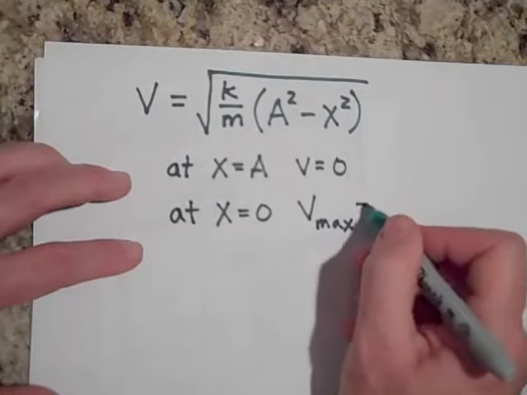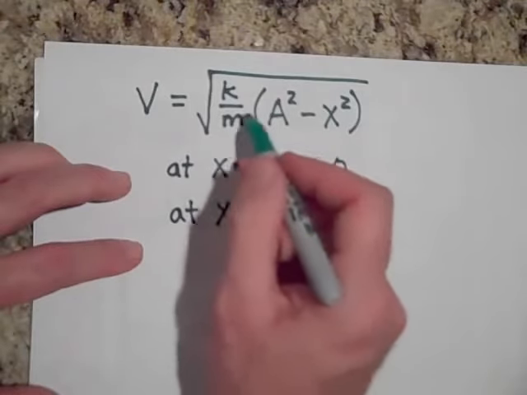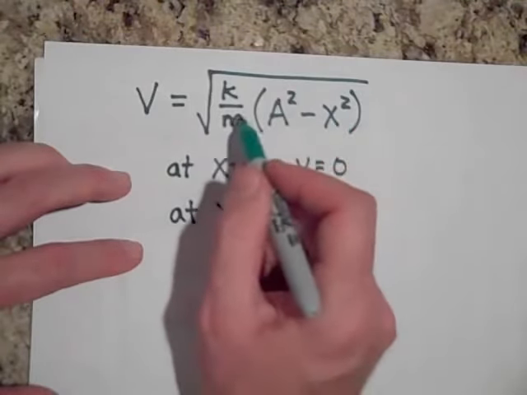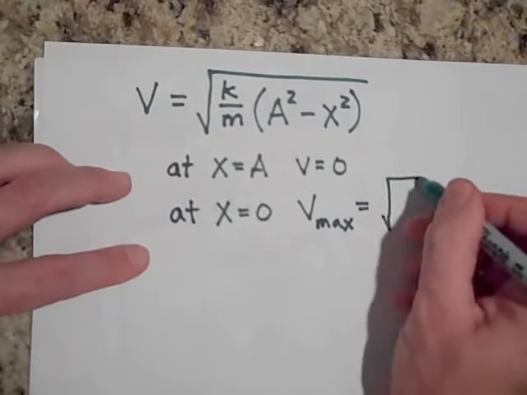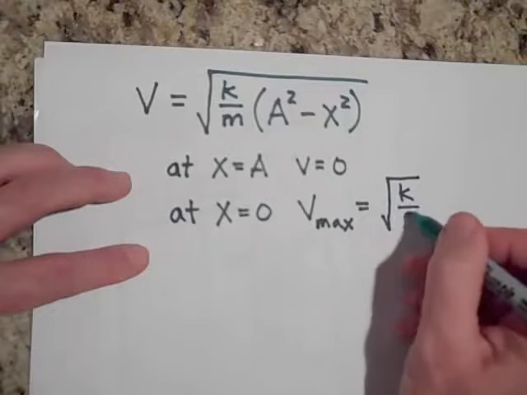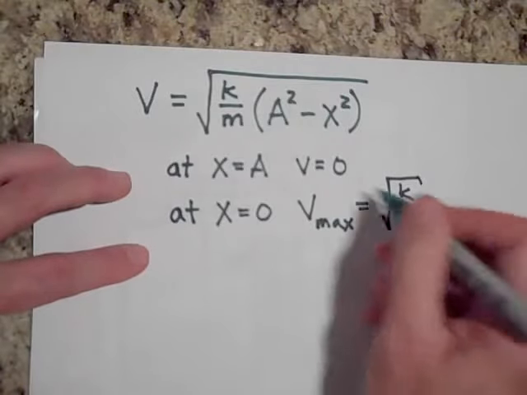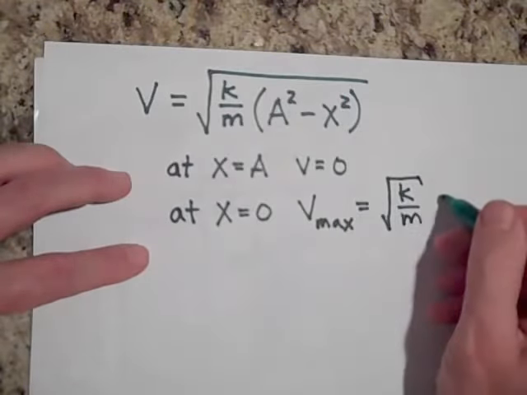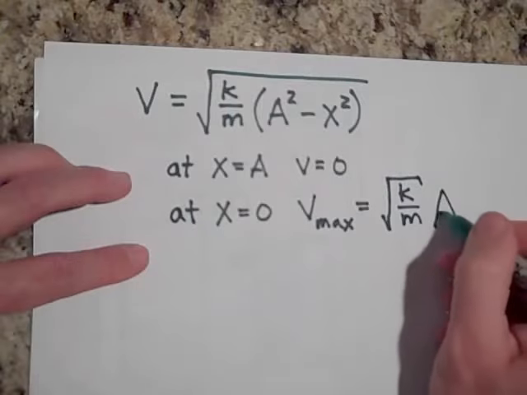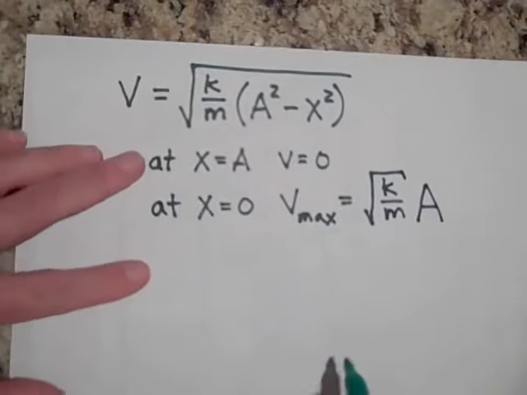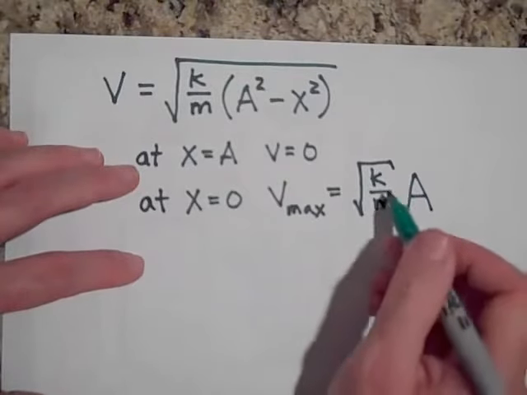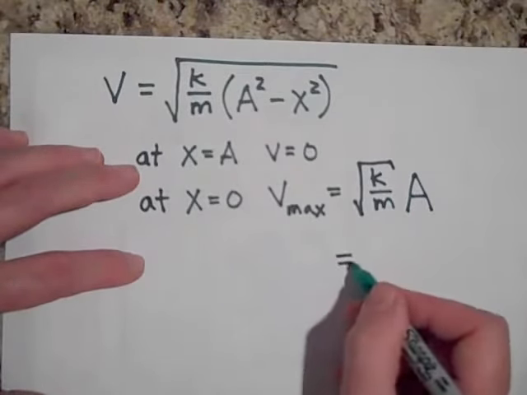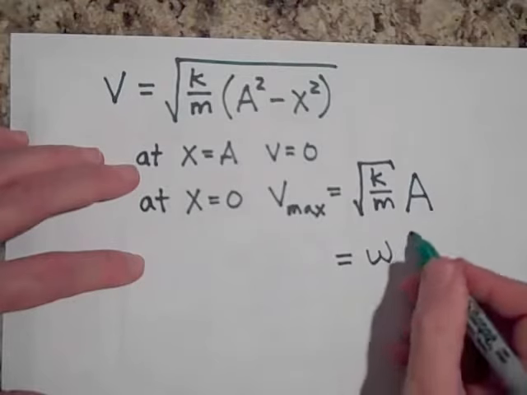And apparently, if I make that 0, it's going to be the square root of k over m times A squared, but I can pull the A squared out. So it's just going to be that. Now, are you recognizing this square root of k over m? Because the square root of k over m, that's omega.